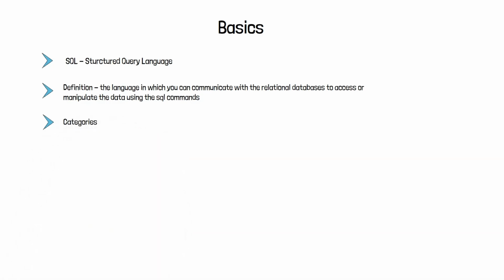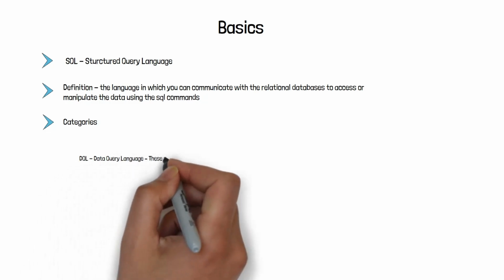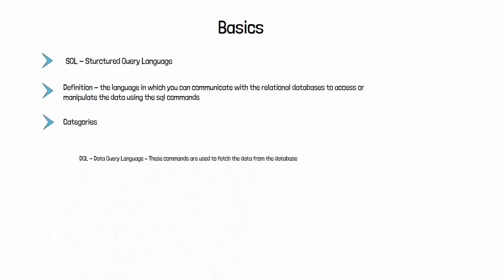Okay, the SQL commands. Now, how many different types of commands are available? There are 4 different types of commands, categories of commands. The first one is DQL, which is known as data query language.